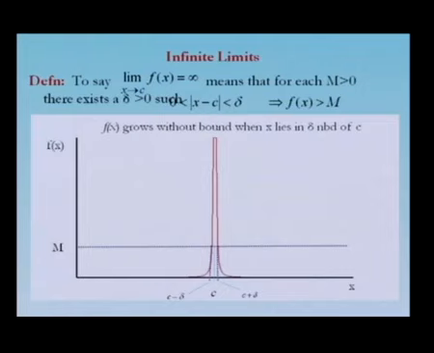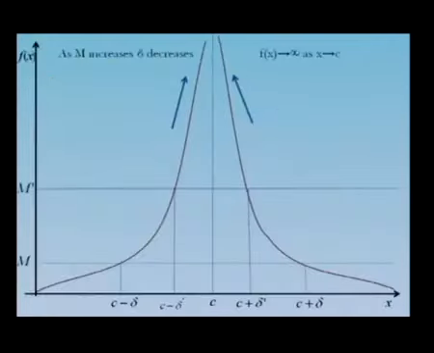That means if you see the graph here, you just take some positive number m, and corresponding to this number we will find a delta greater than 0 such that if all the x lie in the interval c minus delta to c plus delta except c, then f(x) are greater than m for those x.